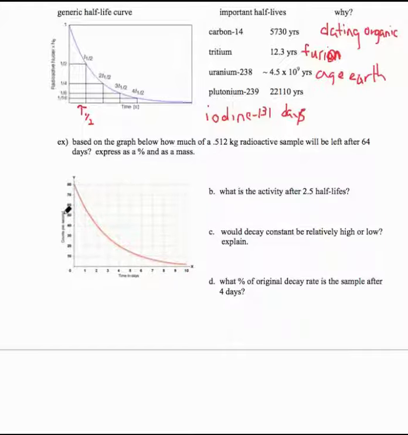If you look closely, this is counts per second, so that's really just activity A. We start off with a sample of 80, we go down to 40, and we see that our half-life is 2 days. How much time are we talking about? 64 days, so I believe that's 2 to the 6th power, so that's 6 half-lives.